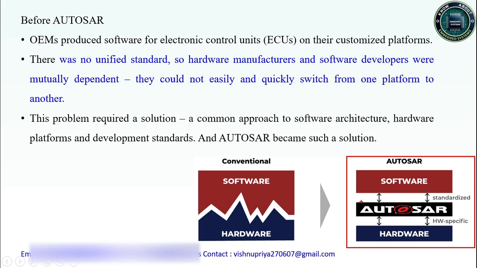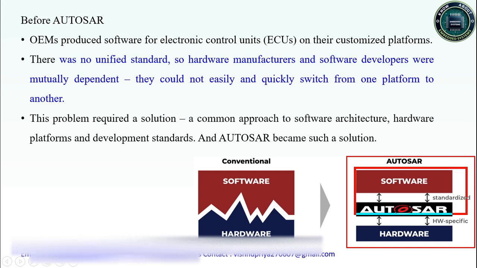With the help of AUTOSAR architecture, we make hardware independent and software also independent. So you can develop your software without any dependencies on the hardware, and you can easily port it to different vehicles. You can easily port to different applications. The complete software can be ported. So this is a big advantage of your AUTOSAR.